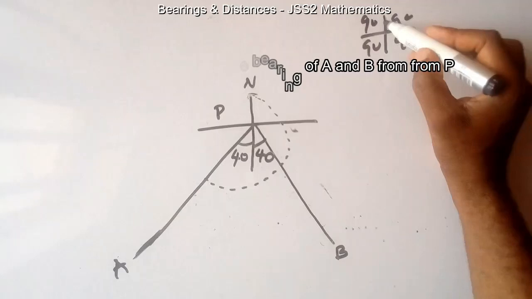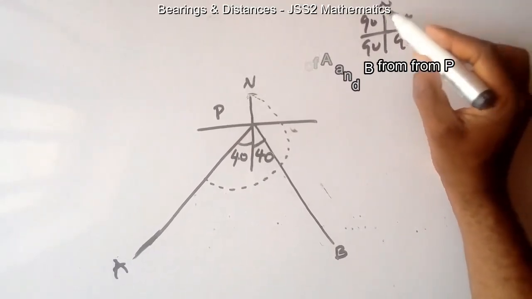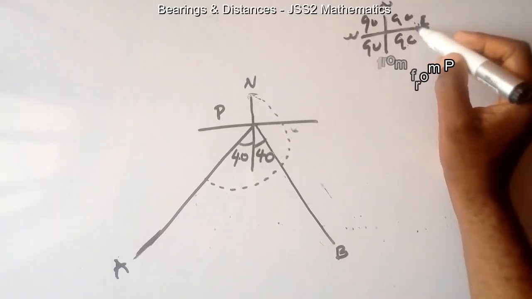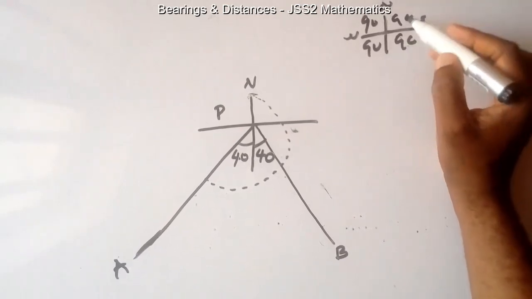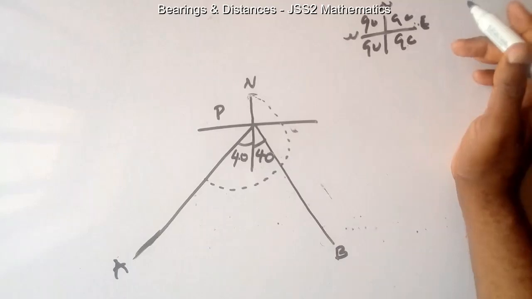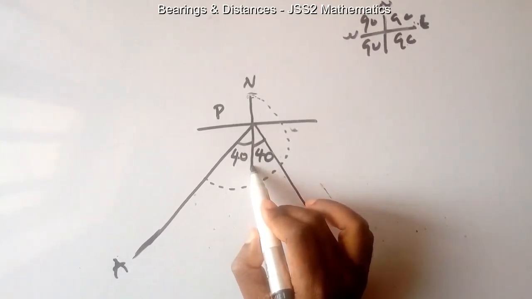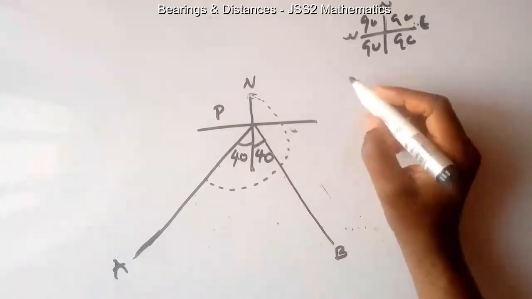If you move from north to east, that is 90. Moving again from east to south is 180, because 90 plus 90 is 180. From here to here is 180 straight. 180 plus 40 is 220.